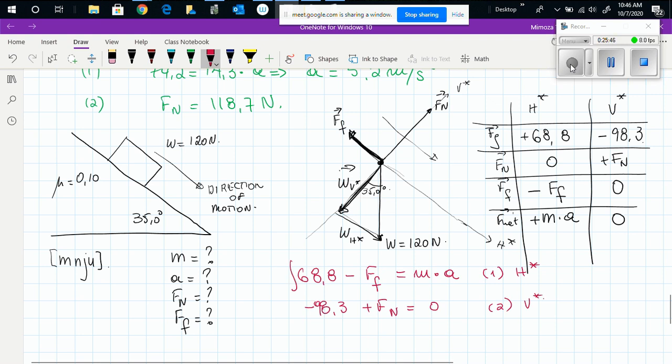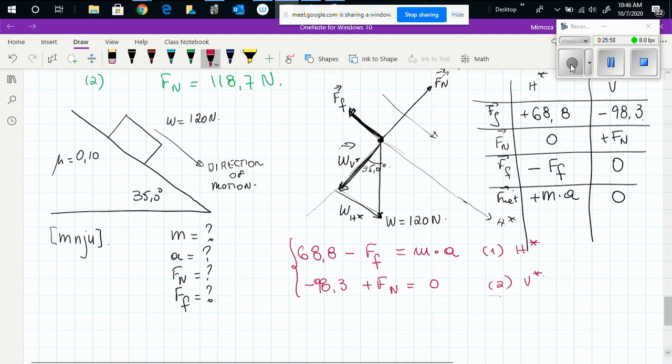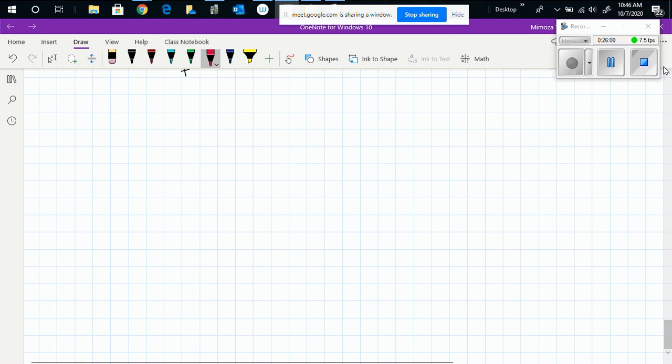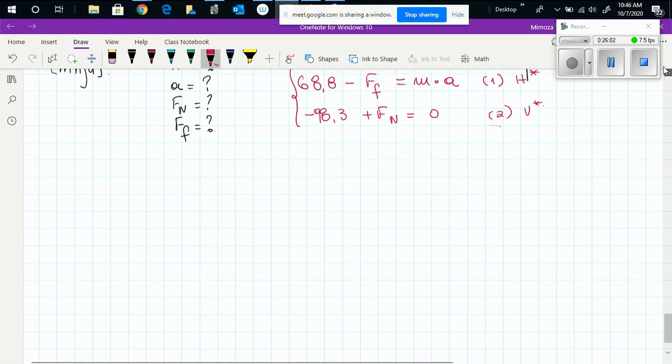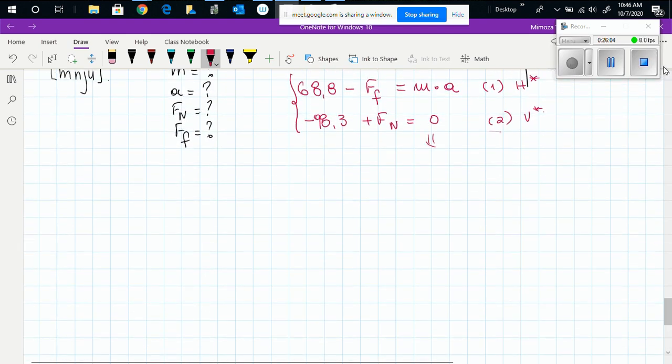So now we have a system of linear equations. We'll start solving the second one. Why the second one? Because it has one variable in it. So from this equation we find that force normal is equal to 98.3 newtons.